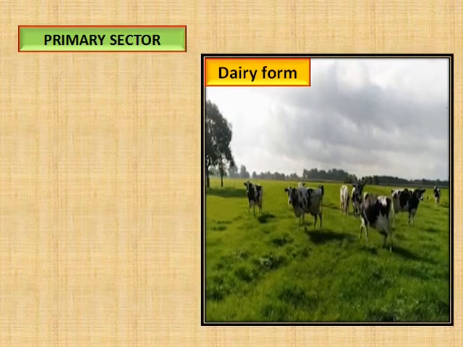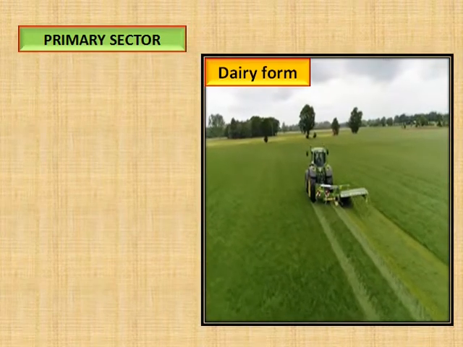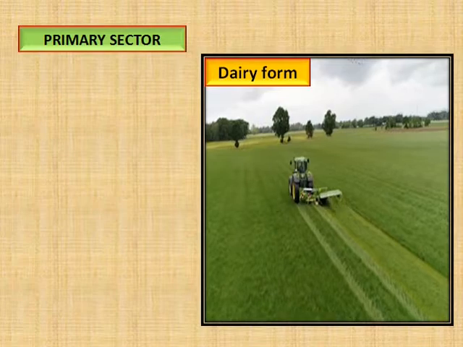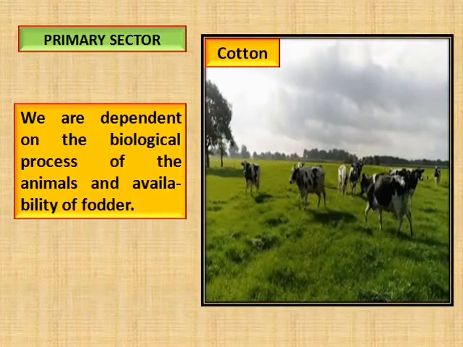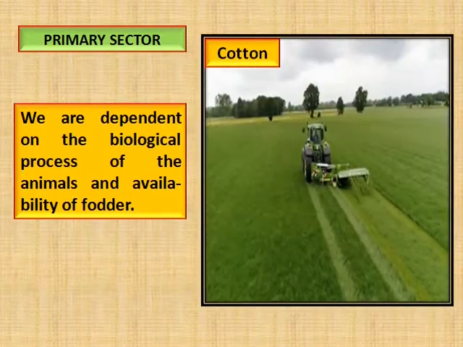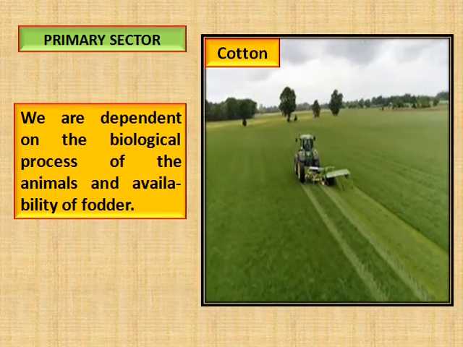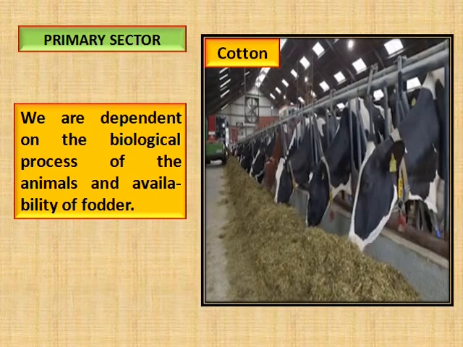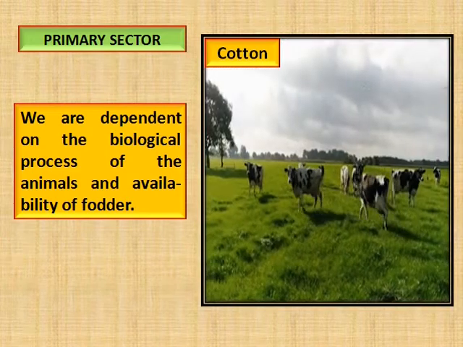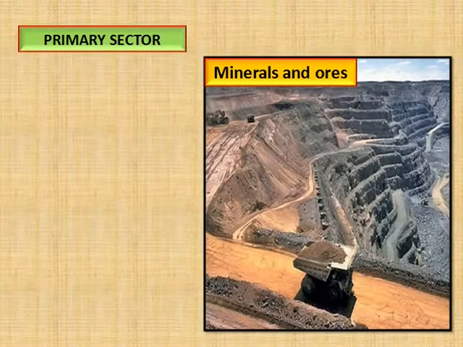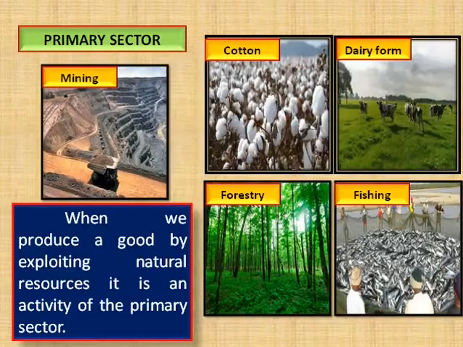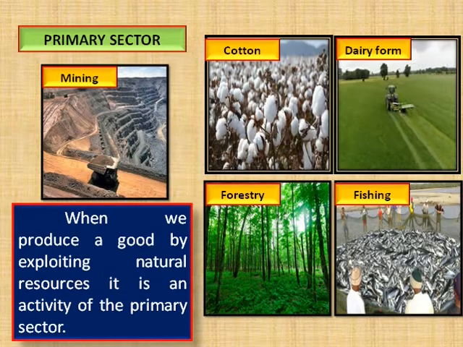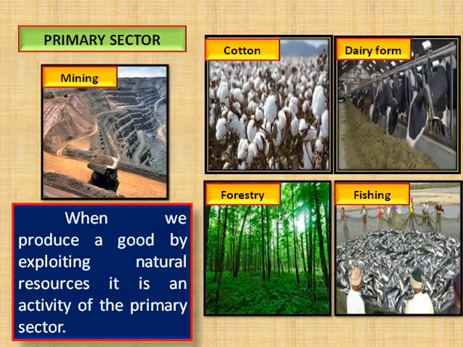Similarly, in the case of an activity like dairy, we depend upon the biological process of the animals and availability of fodder, etc. The product here, milk, also is a natural product. Similarly, minerals and ores are also natural products. When we produce a good by exploiting natural resources, it is an activity of the primary sector.